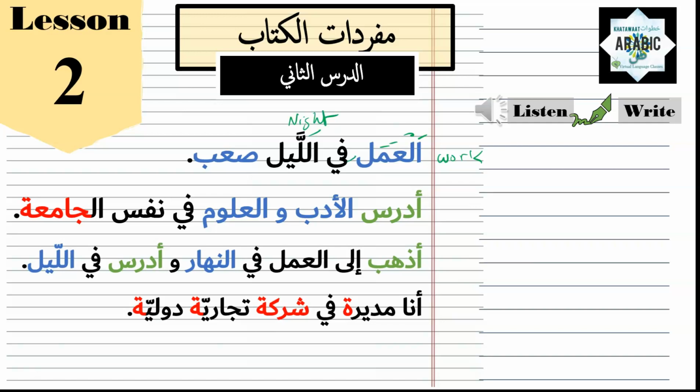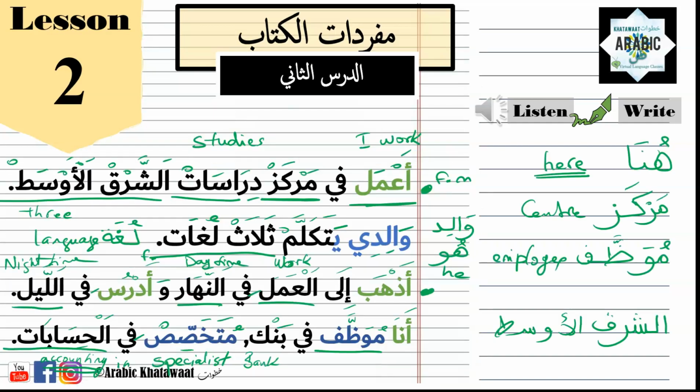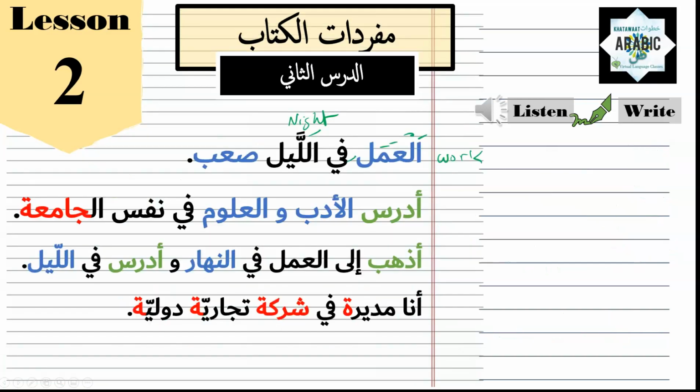So the sentence we got here before this one, I am an employee at the bank, working in accounting, but this one right here where we have the word al-amal, it says I go to work during the day and then I study during the night or at nighttime. So al-amal here is used in addition to time expressions an-nahar and al-layl for daytime and nighttime. We have nighttime here as well. Al-amal, work at night, صعب, difficult or hard.